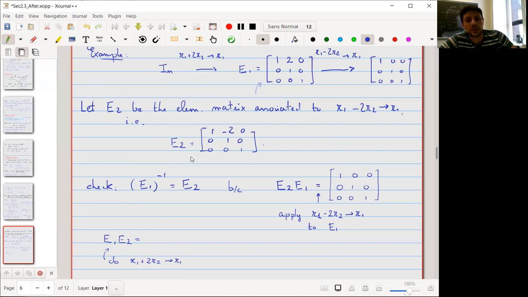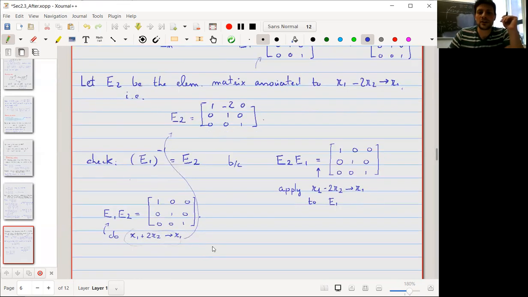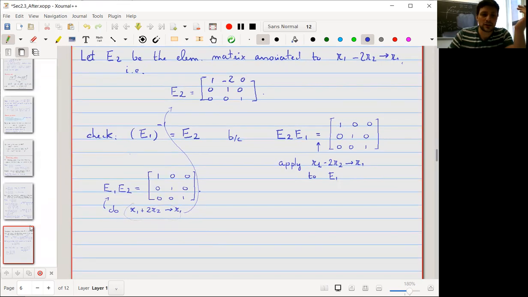So if we do that with E2, I do this operation here to the matrix E2, what I get is I eliminate the minus 2. And I get the identity. So indeed, elementary matrices are all invertible, and the inverses are the inverse operation.